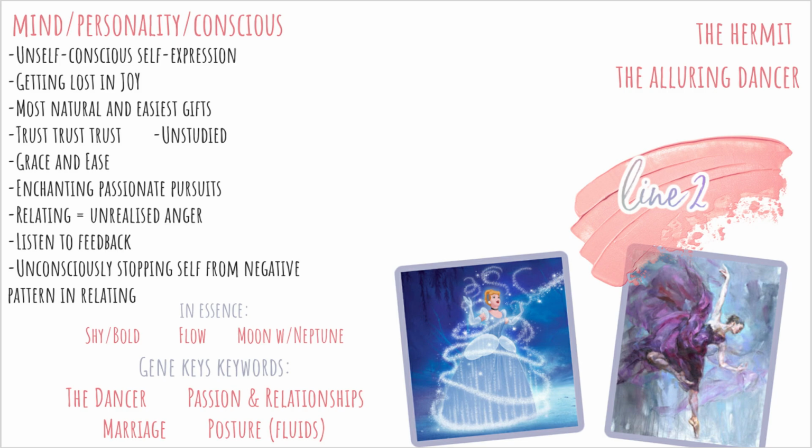The second line has a shadow which is called an unrealized anger, especially as they are relating to other people, because they can be unconsciously not in touch with their feelings, not really looking inwards, and because they're so in the flow, they can be angry with people without the person even realizing where this is coming from, and the second line themselves are not even aware of where this anger is coming from.